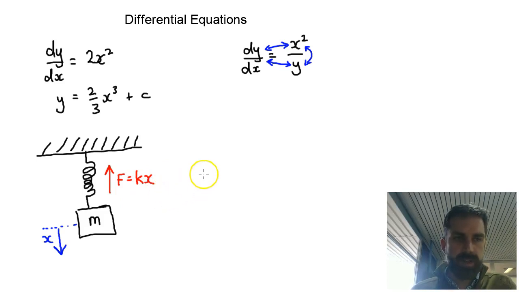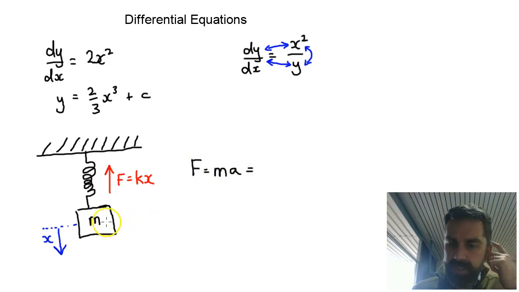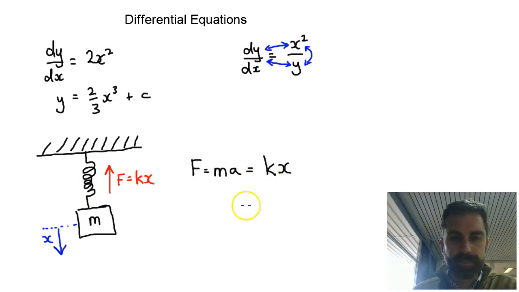Now you guys know that force is also equal to mass times acceleration. So F equals ma. Now if the mass and the acceleration of this body are determined by the force due to this spring, then ma is going to equal k multiplied by x, and acceleration is just the second derivative of position, or displacement.